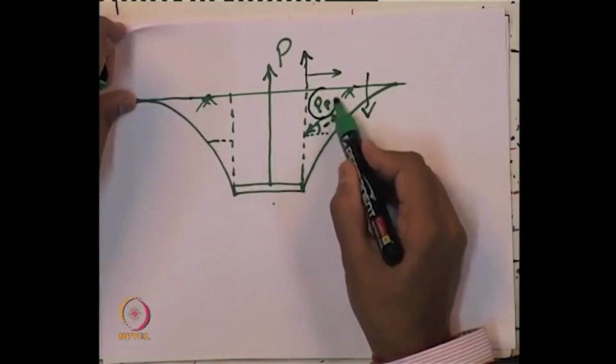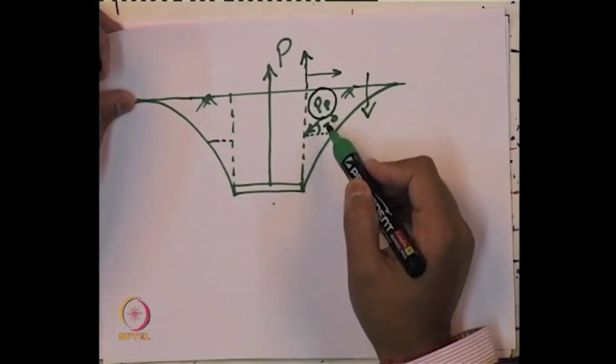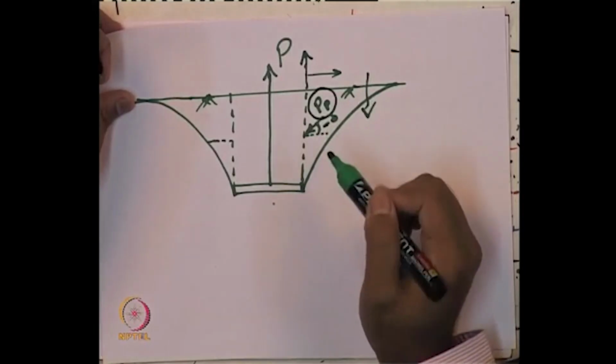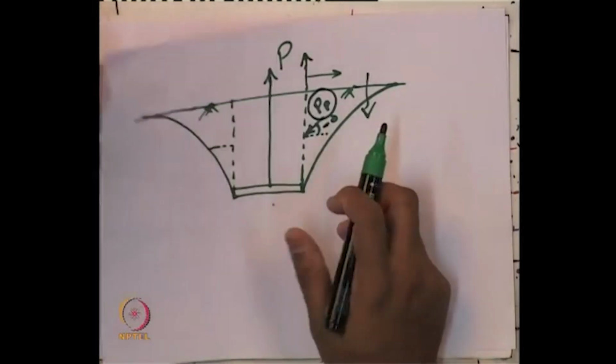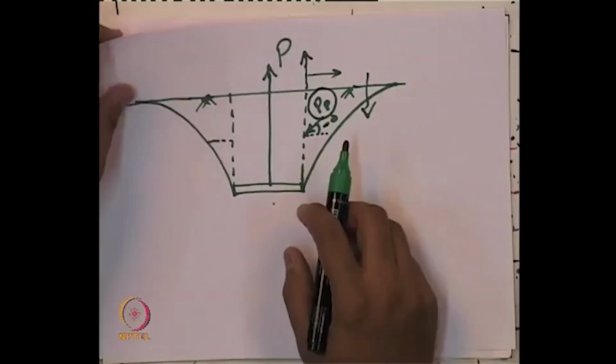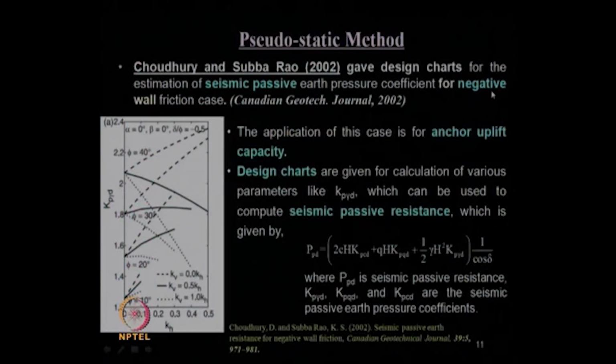Passive earth pressure is very much utilized in geotechnical engineering for anchor uplift capacity, whether it is a negative wall friction angle case, or for shallow foundation bearing capacity theory, if it is a positive wall friction. So, in this paper, for negative wall friction, the application is anchor uplift capacity, as mentioned.